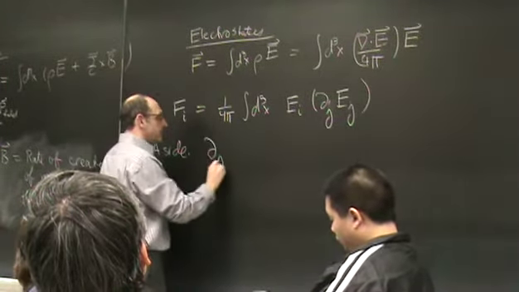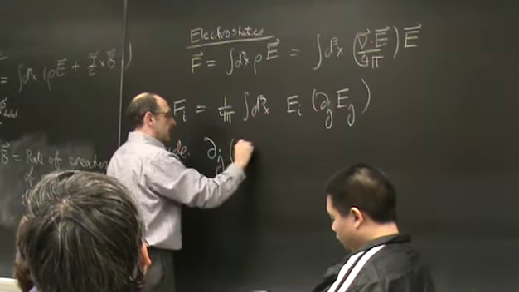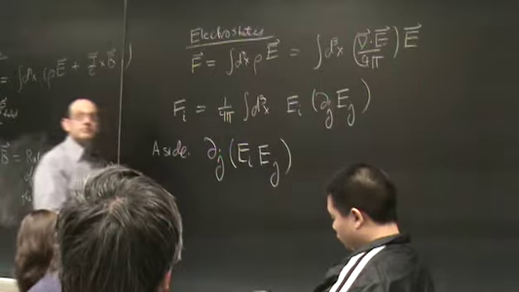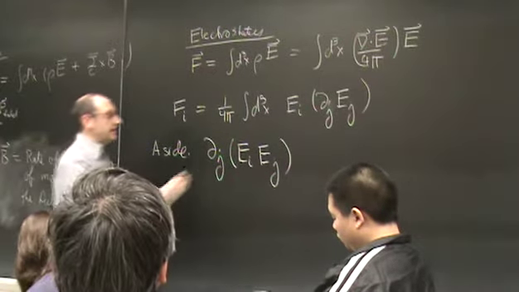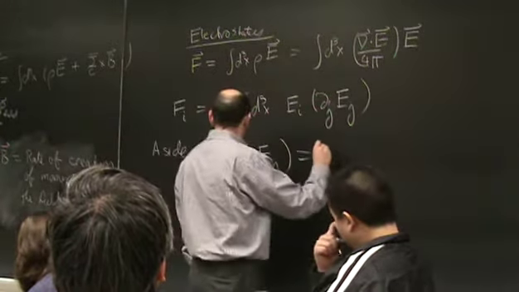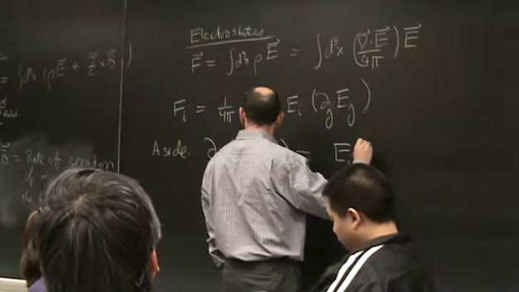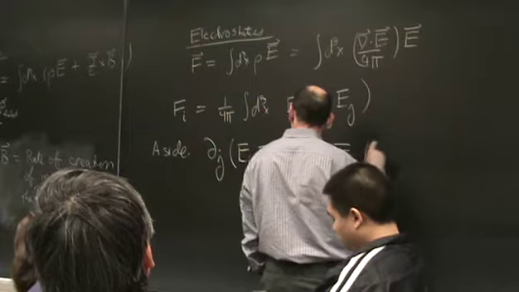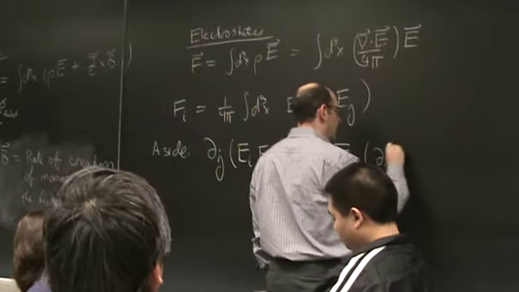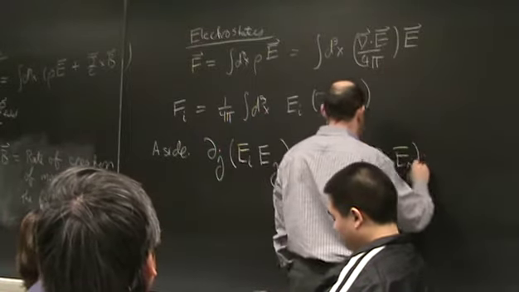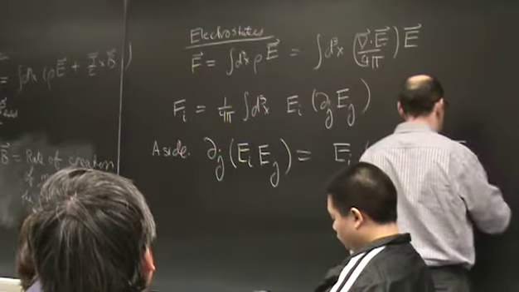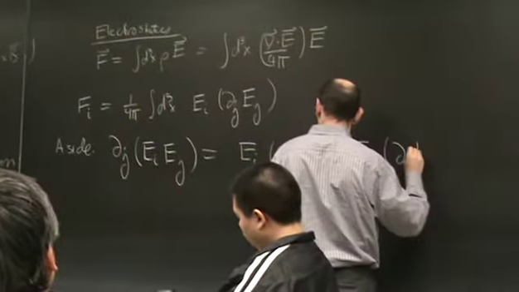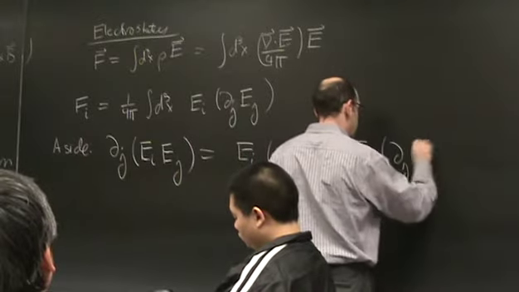Let's look at the partial j of E_i E_j. That is equal to E_i times partial j of E_j plus E_j partial j E_i.